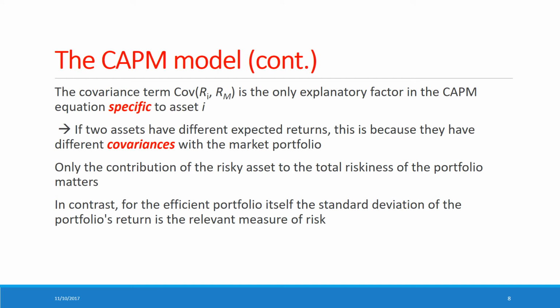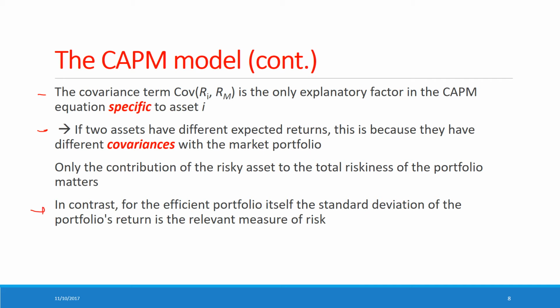Okay. So the covariance term between the individual asset return and the market return is the only explanatory factor in the CAPM model that is specific to asset i, right? So what it means is that only the covariances, or only the contributions of the risky assets to the total riskiness of the portfolio, matter, right? So if two assets have two different expected returns, that's because they have different covariances with the market portfolio.